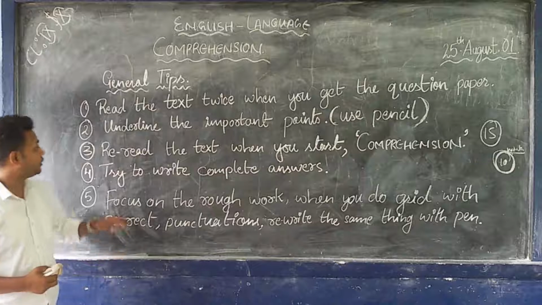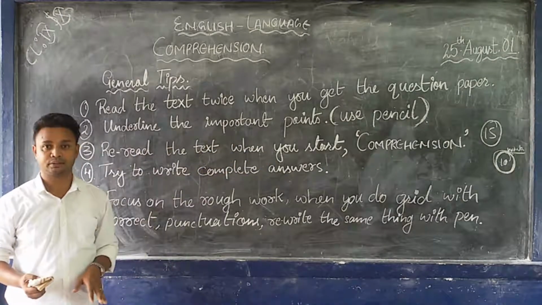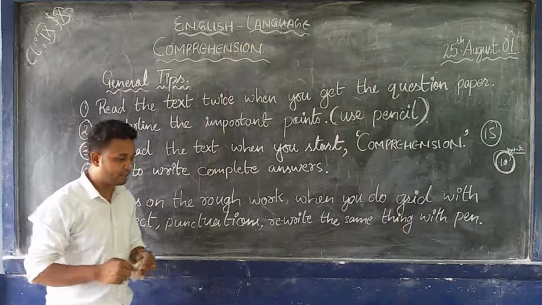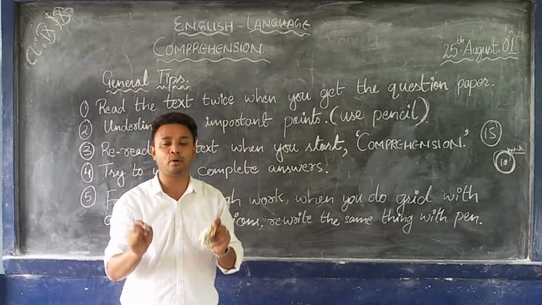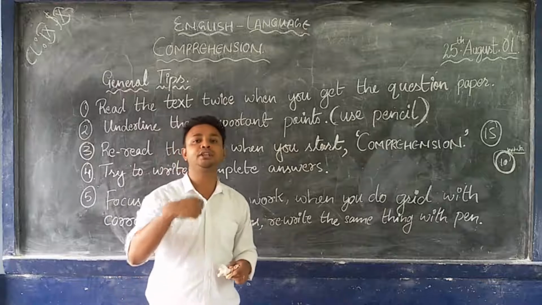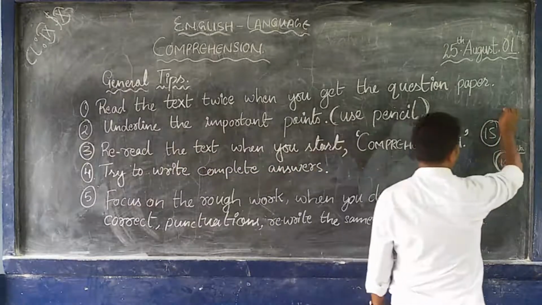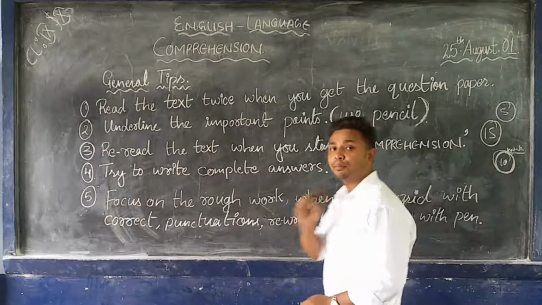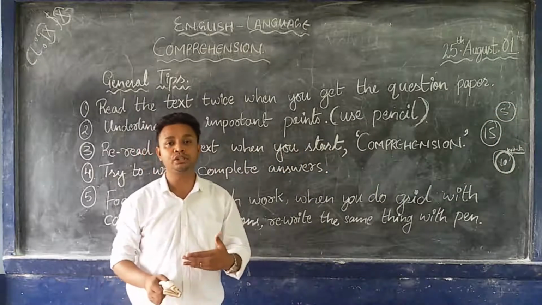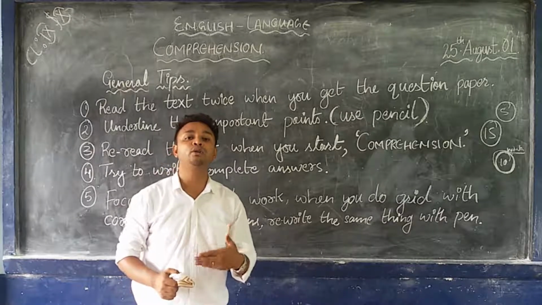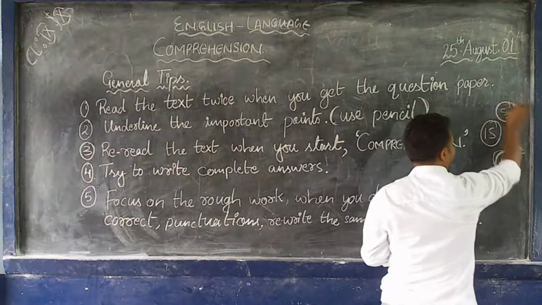The next important thing is: reread the text when you start comprehension. Imagine that you have already read the text twice and underlined all the important things. Now you started your examination. I am keeping this 5 minutes because it is very important: you have to read the questions of composition and decide which you are going to write, with all the planning. That is why this 5 minutes is there.